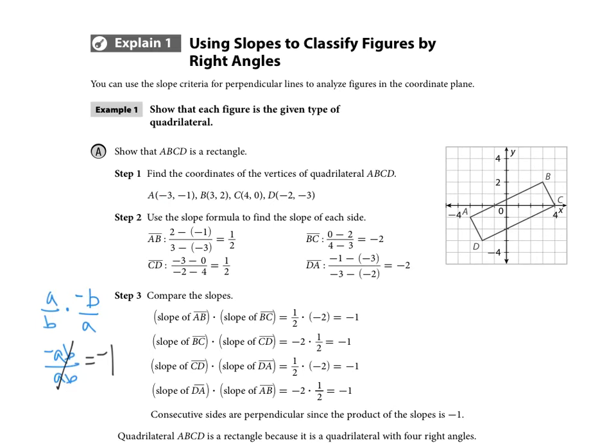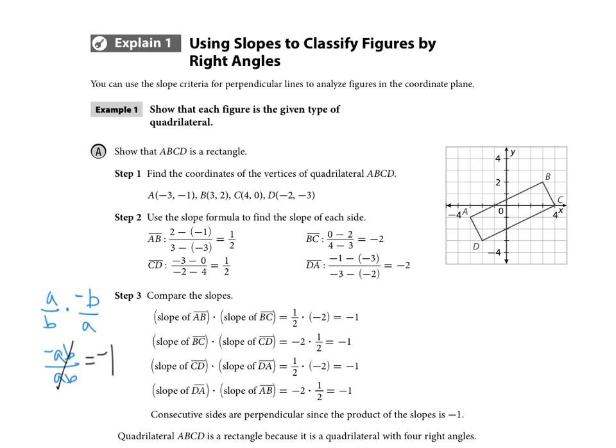So we can definitely see that it is a parallelogram, which is good because if it's a rectangle, it's already a parallelogram. So there's our two opposite sides that have the same slope, just like before in the first video. But now we're going to be comparing, are the slopes of consecutive sides going to have a product of -1? So AB times BC, the slopes are 1/2 times -2, and yes, that product is -1.